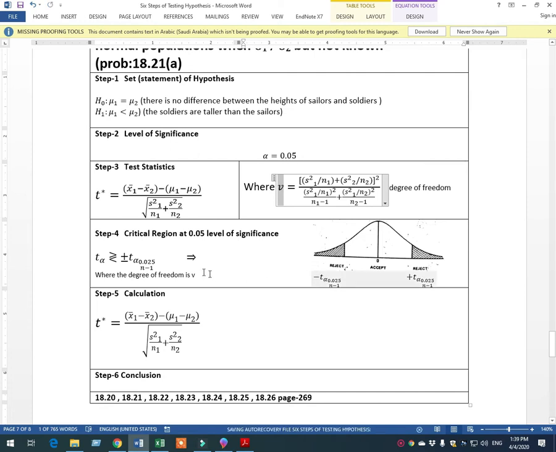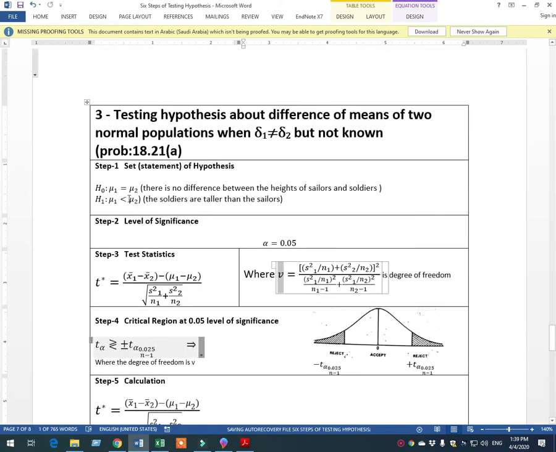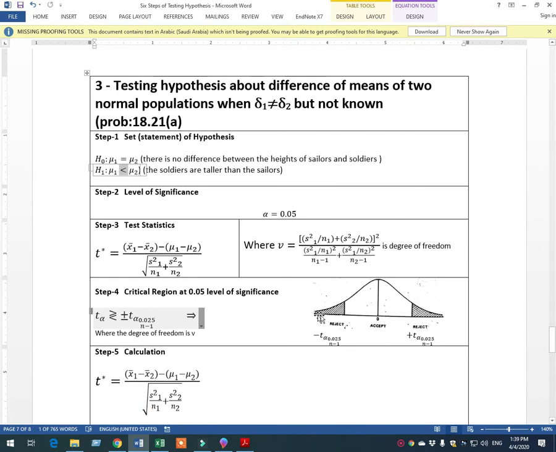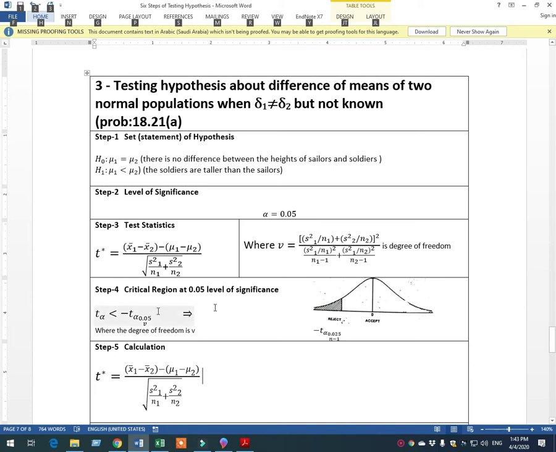And again, this test is not a two-tailed test. Because it is showing the less than sign, I would be taking the value on the left side rather than on the right side. So here I have changed all the required information.